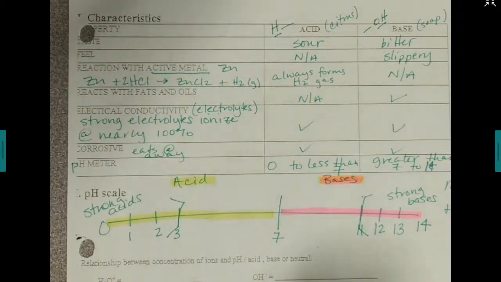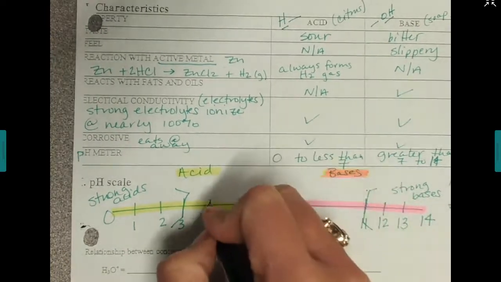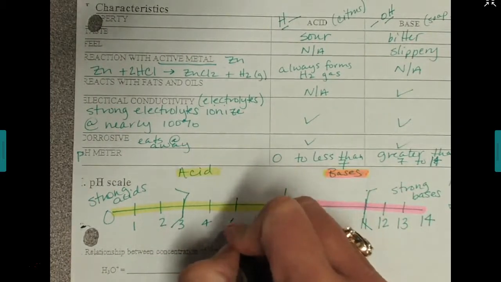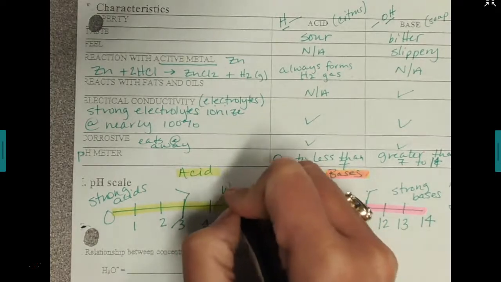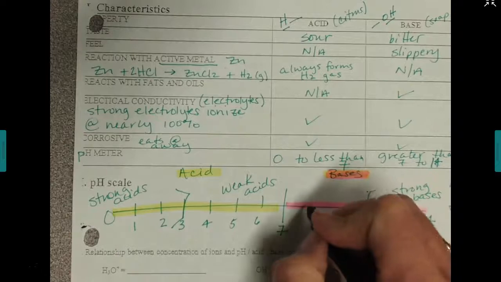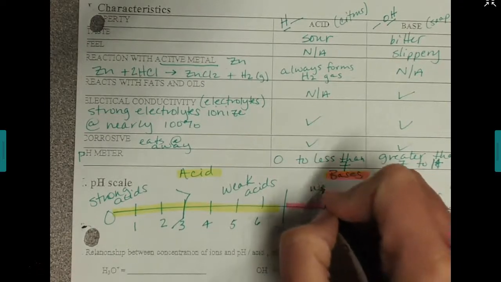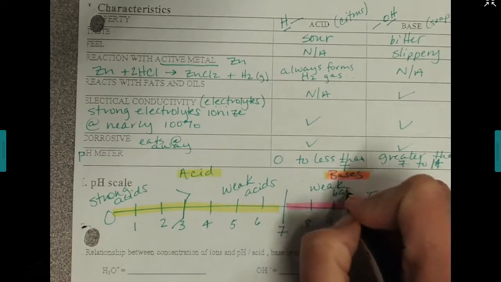So acids versus bases. These 4, 5, and 6 are called our weak acids. 8, 9, and 10, you guessed it, are our weak bases.